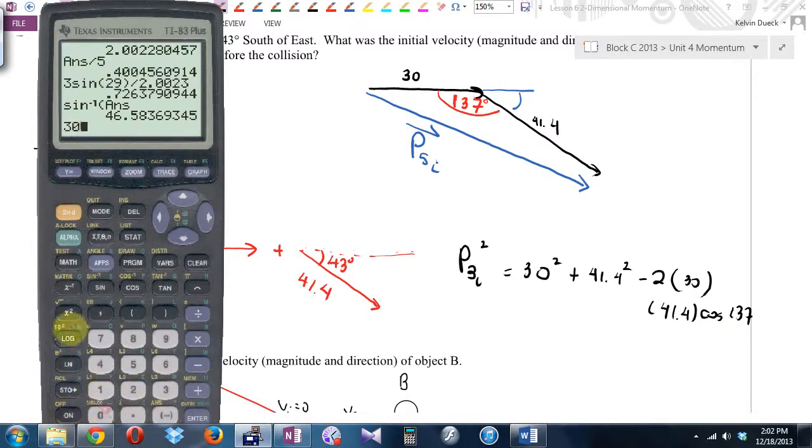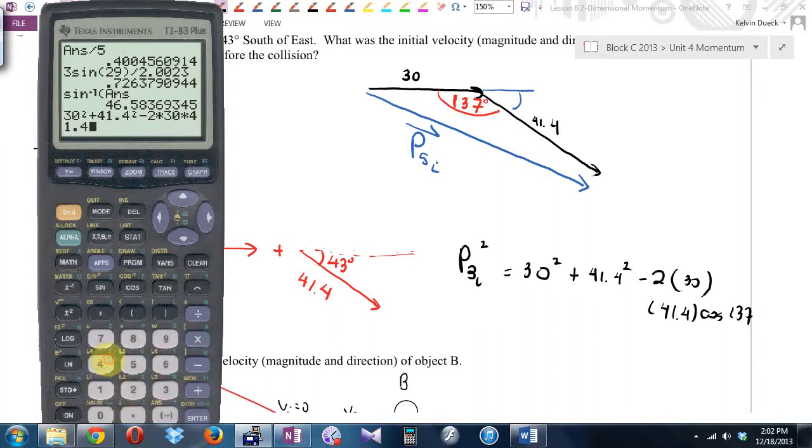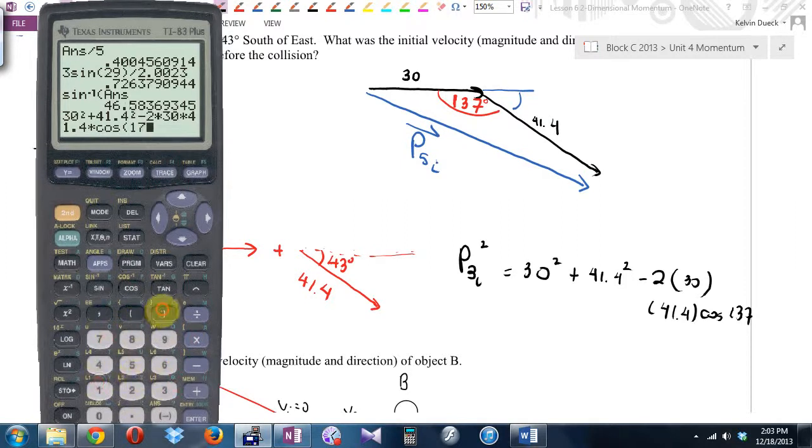Going to be 30 squared plus 41.4 squared minus 2 times 30 times 41.4 times the cosine of 137.